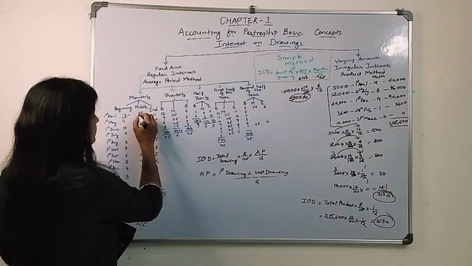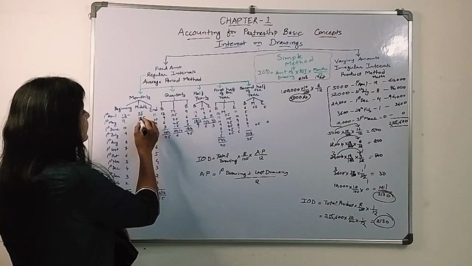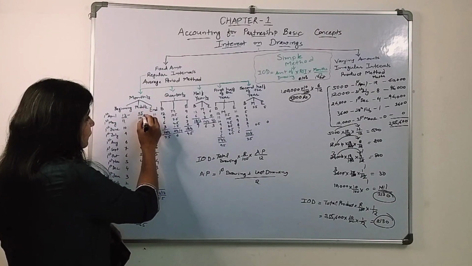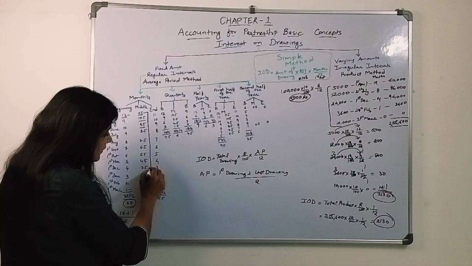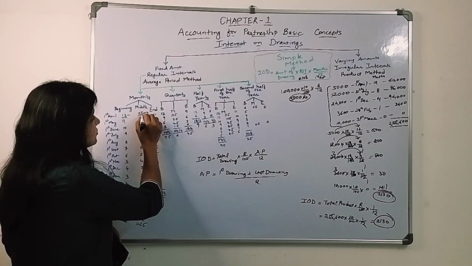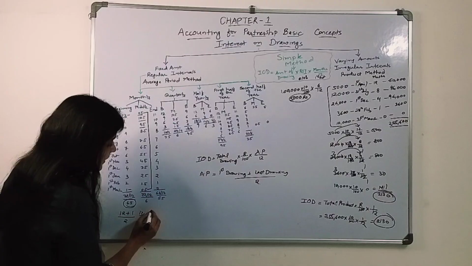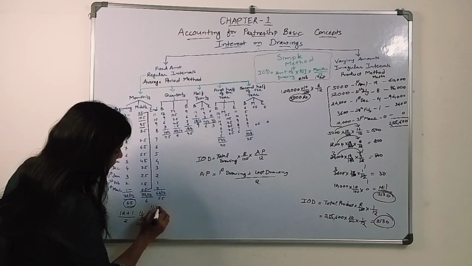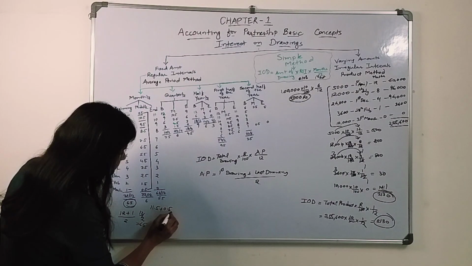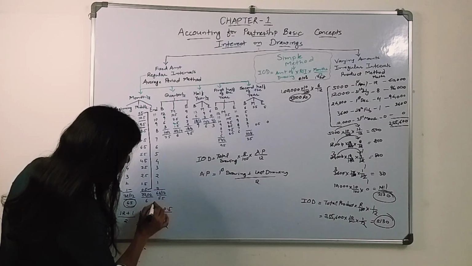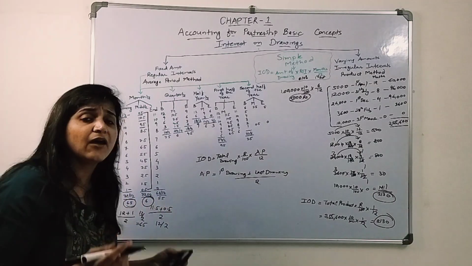So we will charge interest for 11.5 months, then 10.5 months, 9.5 months. But if we just consider the first drawing and the last drawing, it is 11.5 plus 0.5 divided by 2, that is 12 divided by 2 equals 6. We will get the average period.